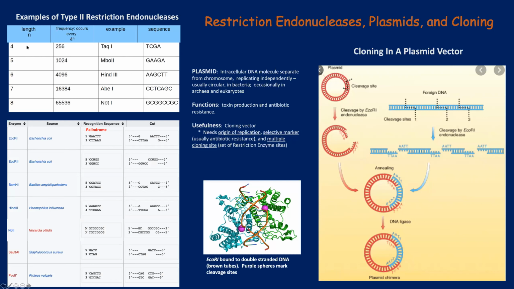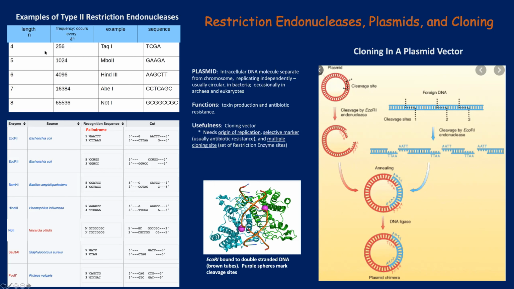The recognition site can be anywhere from 4 to 8 nucleotides long. The shorter it is, the more frequently it occurs in a genome. For example, if the recognition site is 4 nucleotides long, that occurs about every 256 base pairs.